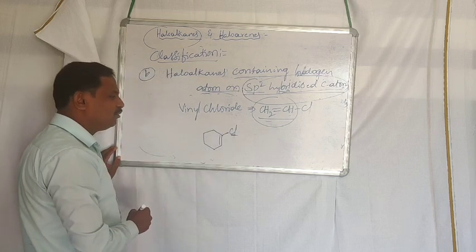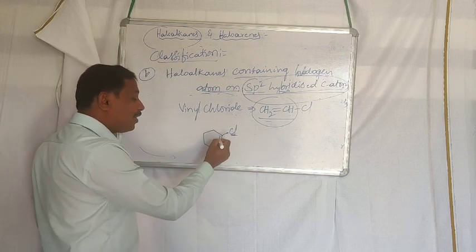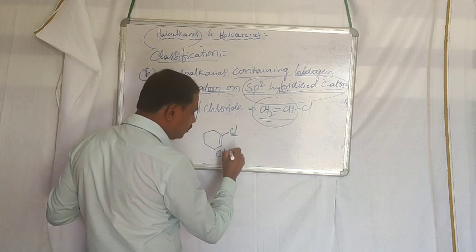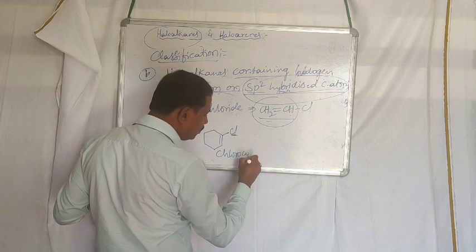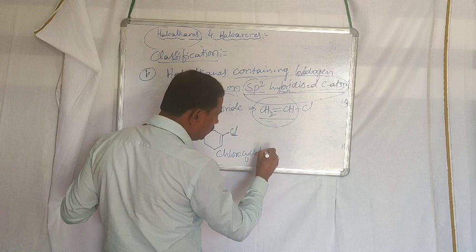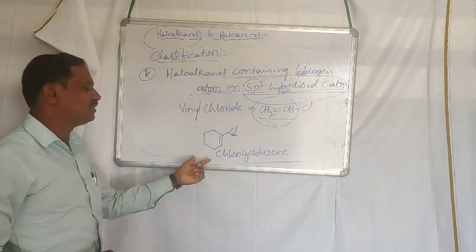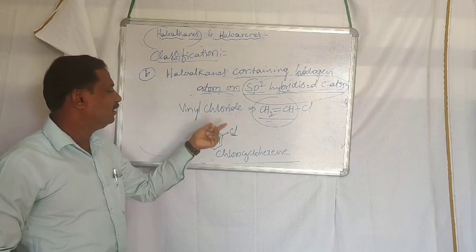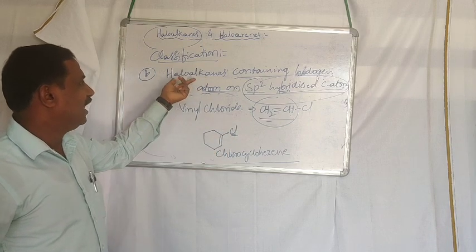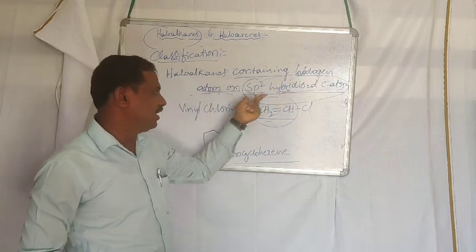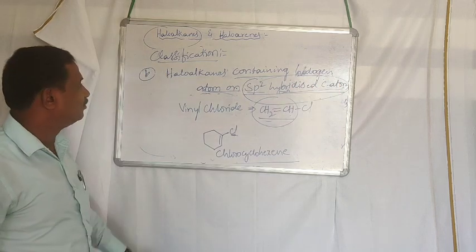What is the IUPAC name? Chlorocyclohexene. Chlorocyclohexene is another example of a haloalkane containing a halogen atom on an sp2 hybridized carbon atom.